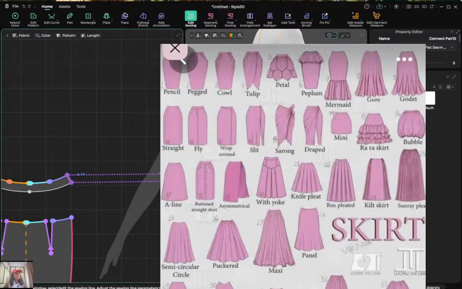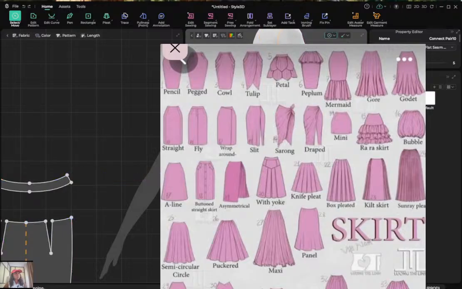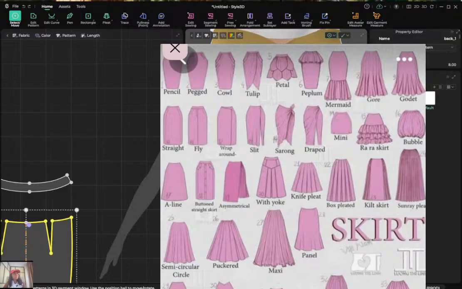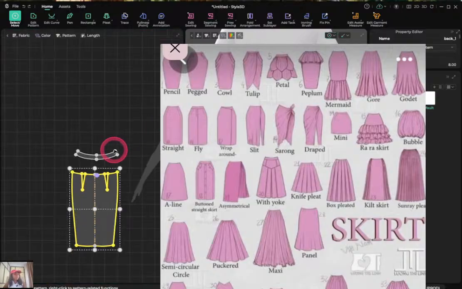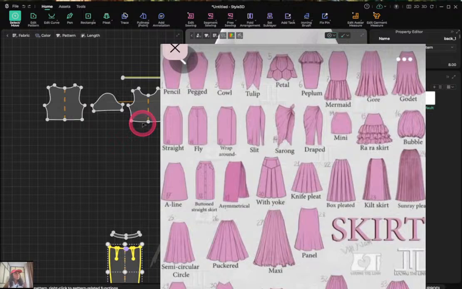But it's reverse sewing, so let me shorten this.